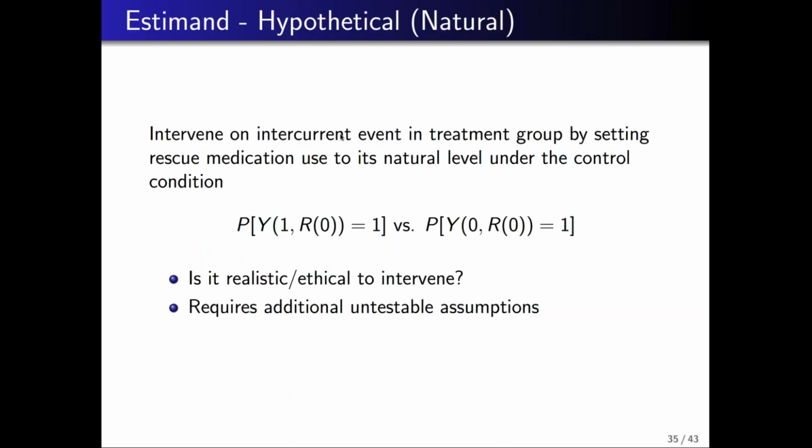Here's another estimand, called the hypothetical or natural estimand, in which you intervene on the intercurrent event in the treatment group by setting the rescue medication use to its natural level under the control condition. Here we're asking what would be the probability of dying in a world in which everybody received treatment 1, but you forced their rescue medication to what it would have been under control, versus the chance of dying under no treatment, where you set your rescue medication to what it is under no treatment.